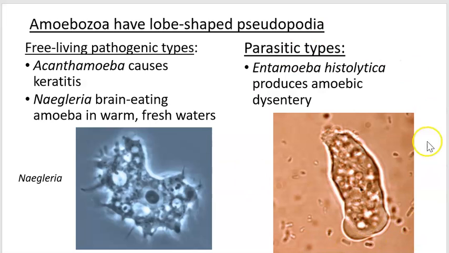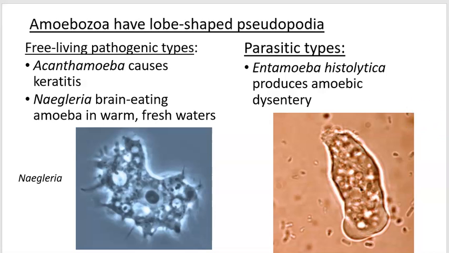You're more likely to run into Entamoeba histolytica because this is going to produce amoebic dysentery, and it's spread in cysts that are produced in your intestines, and then they will shoot out in your feces because you've got a nasty case of diarrhea.